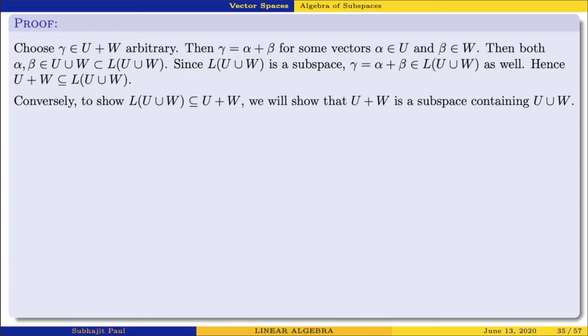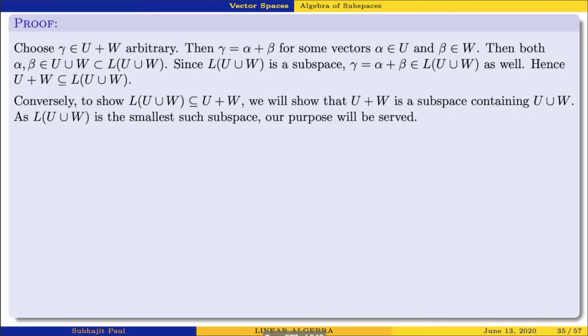Conversely, to show the other way around, that the linear span is also contained in U plus W, we will show that U plus W is a subspace containing both U and W. Now, as the linear span of U union W is the smallest such subspace which contains both U and W, our purpose will be served.